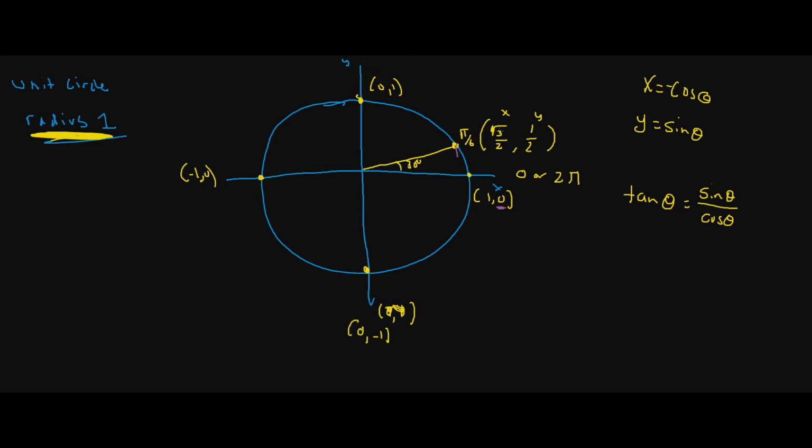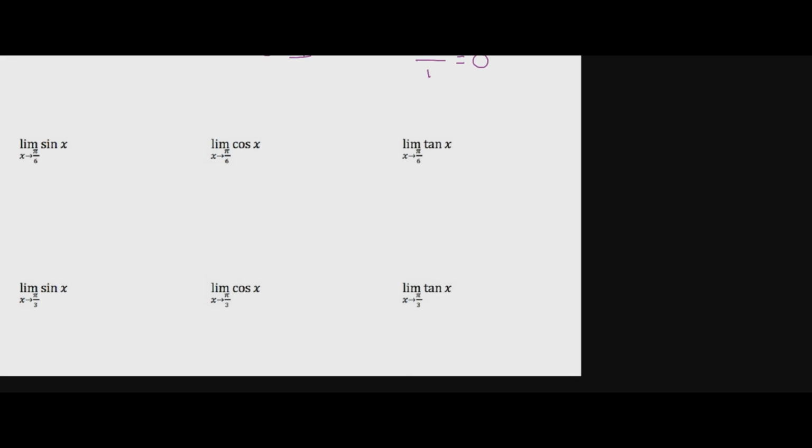All right, so remember, x is cosine, y is sine, and so I go up here at pi over 6, right? Sine of pi over 6 was 1/2. Cosine of pi over 6 is square root of 3 over 2. We know tangent is sine over cosine theta.